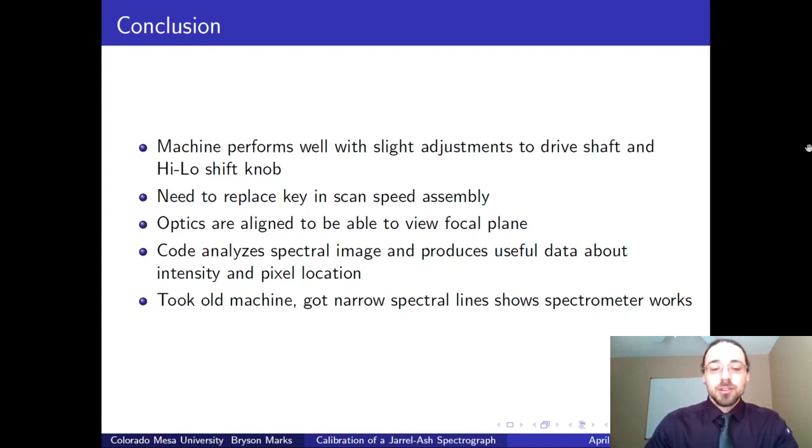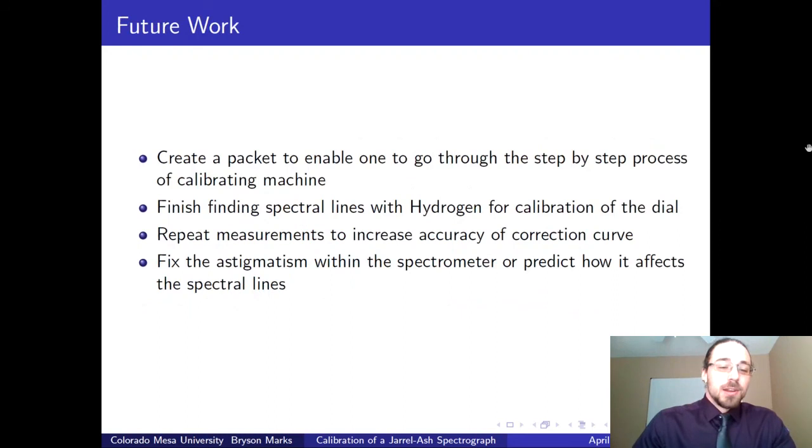It's actually really cool. So for a little bit of future work, I need to create a packet that will enable one to go through the step-by-step process of calibrating the machine when they use it. I also need to finish finding spectral lines with the hydrogen spectral tube for the calibration of the dial.